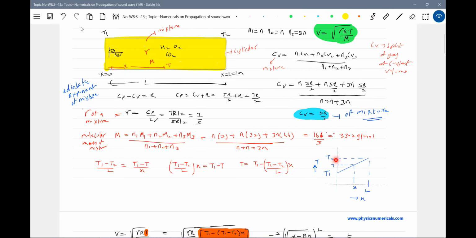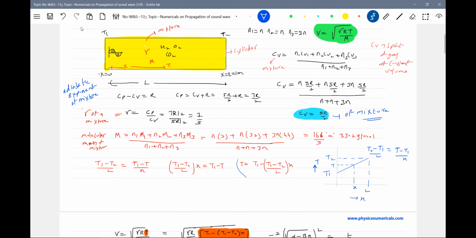So (T2 minus T1) by L should be equal to (T minus T1) by X. I've rewritten it this way. What is the expression for T?